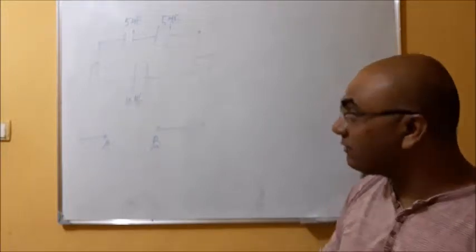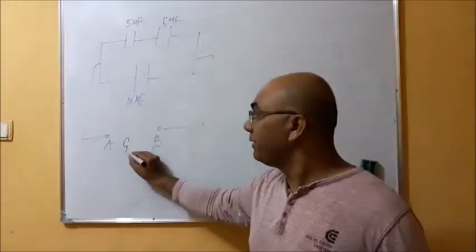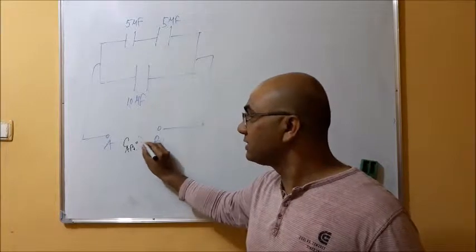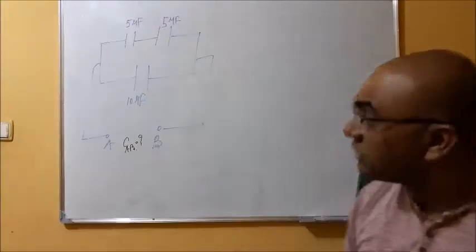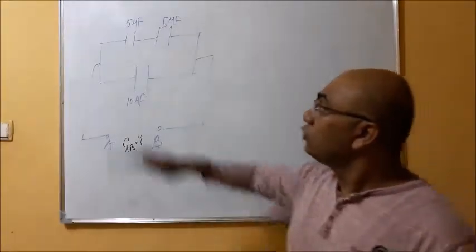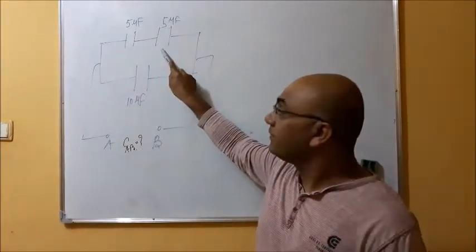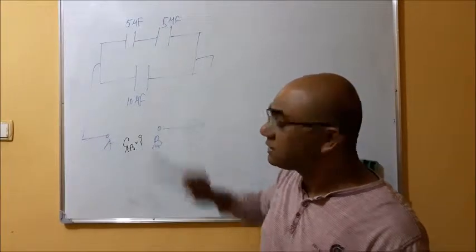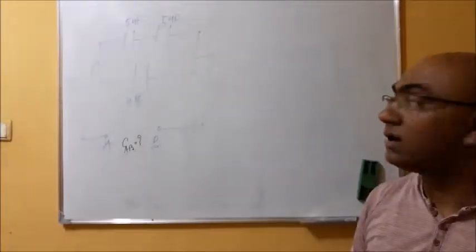What would be the final equivalent C between A and B? This is our question. You see this figure, you have three capacitors. Two capacitors are in series first, and then this is in parallel with this.